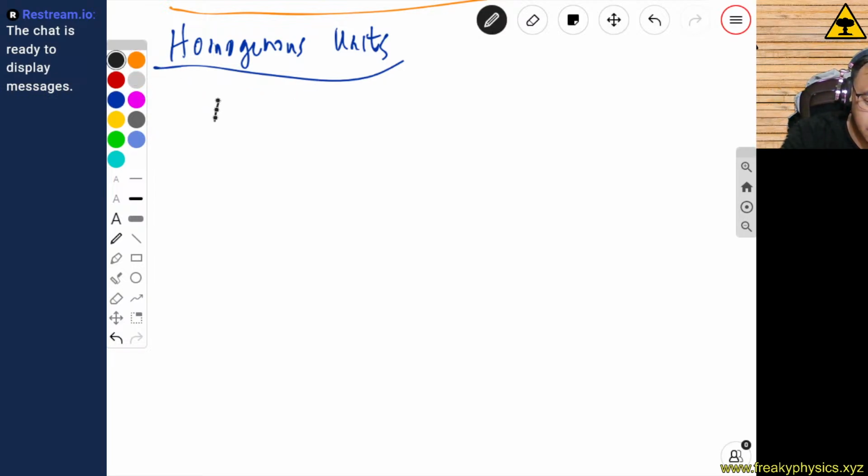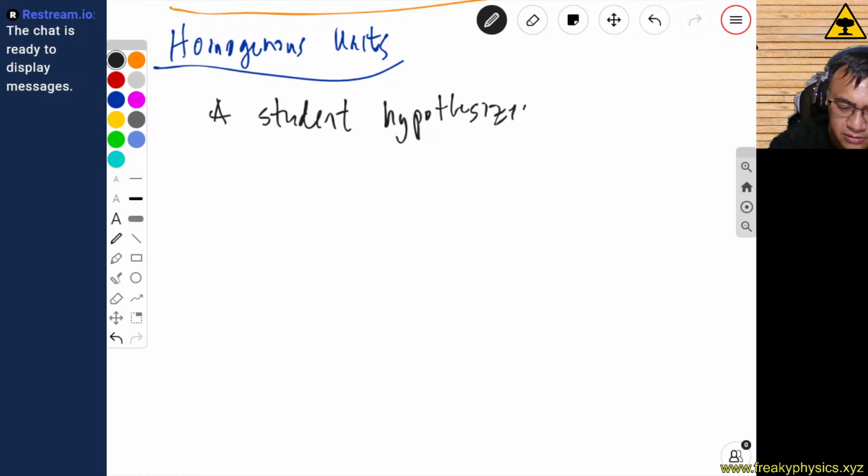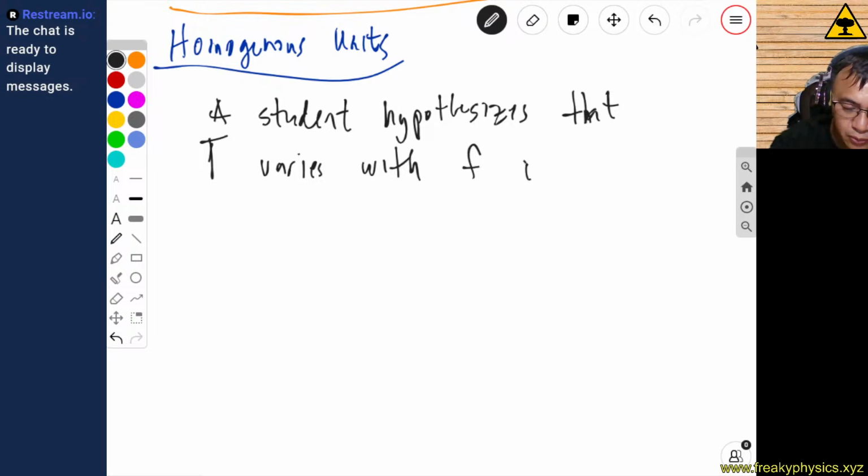So let's say a student hypothesizes that temperature T varies with frequency f using the following relationship.